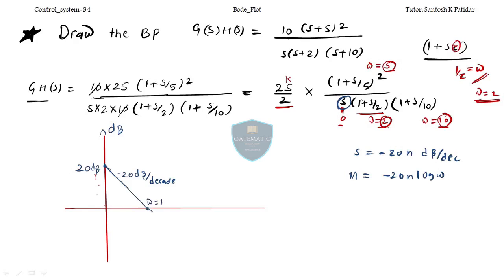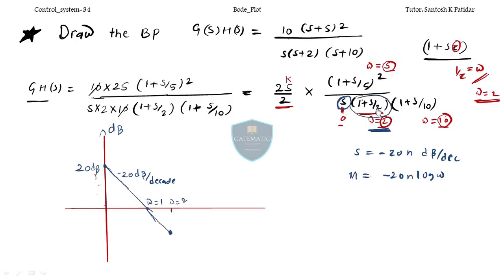Then the next frequency I am getting is at 2. So let's take omega equal to 2. At omega equal to 2, what is going on over here? Just at omega equal to 2 you are getting one pole, isn't it?